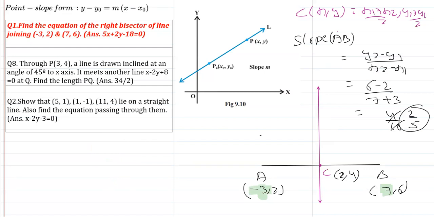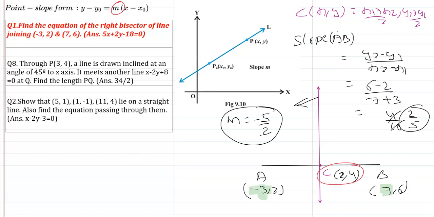In order to get the slope of the required line, we have to find the negative reciprocal. That means the slope of this line, say M, will be the negative reciprocal of 2 over 5, that is M equals -5 over 2.